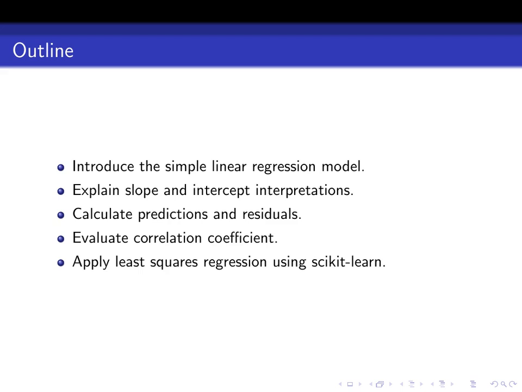After that, we'll discuss the correlation coefficient to measure the strength and direction of the relationship. Finally, we'll demonstrate how to apply least squares regression using Python's scikit-learn library. This outline provides a clear roadmap to understanding simple linear regression and its practical applications.